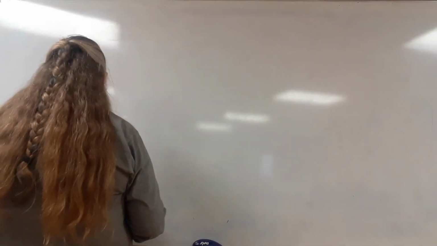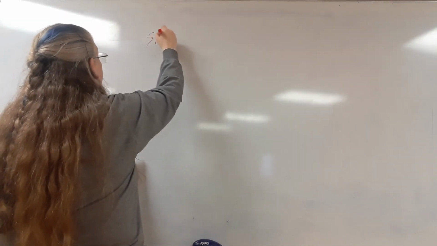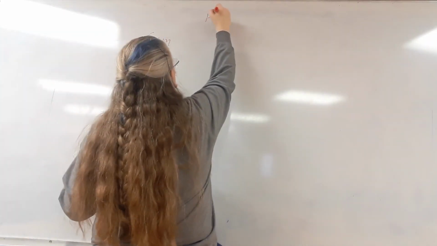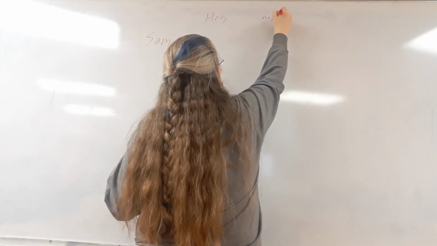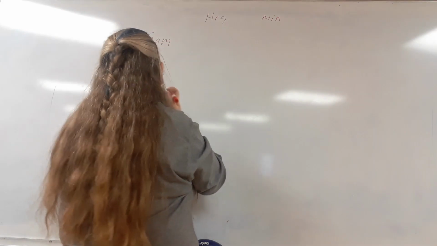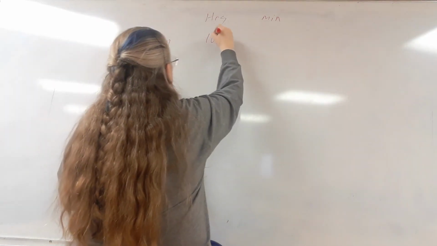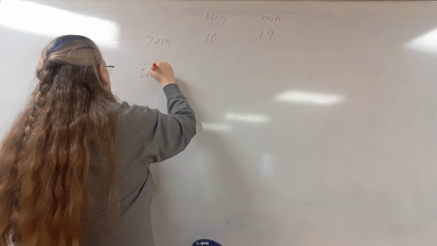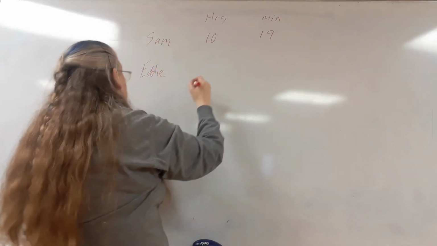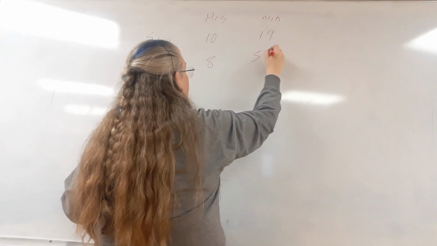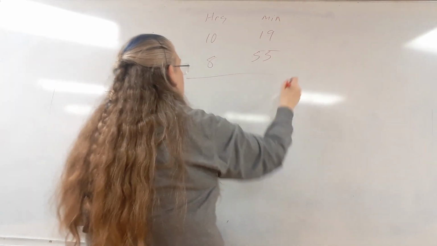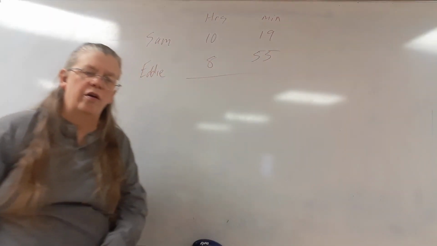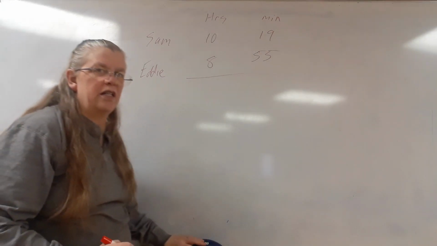All right, let's look at that. We got Sam. We have hours and minutes. So Sam took 10 hours, 19 minutes. Eddie took 8 hours, 55 minutes. All right, we can't subtract 55 from 19.